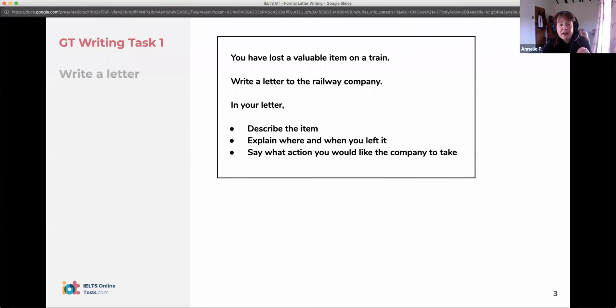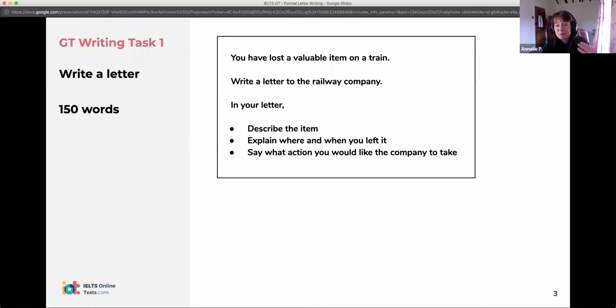So it's always a letter, as we've said. The minimum word count for task one is 150. There is no maximum word count, only a minimum one. If you go below the minimum, you do lose a lot of marks in task achievement. So it is very important to be over that 150.